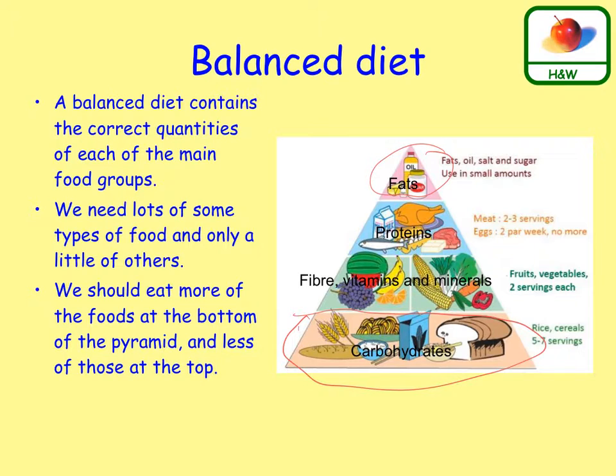So you don't want to be eating a lot of fats and oil and salt and sugar, but you do want to be eating carbohydrates and then fruit and vegetables and then some meat. These are going to give you your carbohydrates, these are going to give you your vitamins and fibres and minerals, and these are going to give you your proteins. But you do still need to have some fats in your diet because there are things that your body does that needs fats.